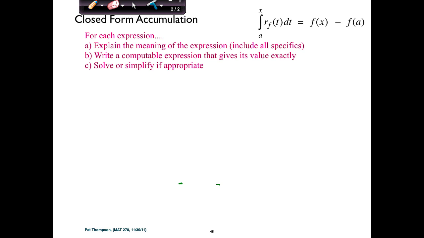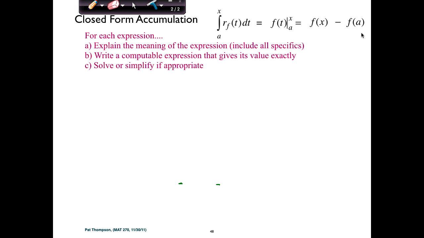Before we do that, I want to add an intermediate step, the transition from t back to x. When we find the antiderivative, that's the f function, we write it still in terms of t. Then the bar on the right means plug x into the function, plug a into the function, and subtract.